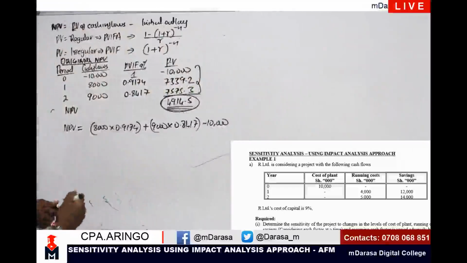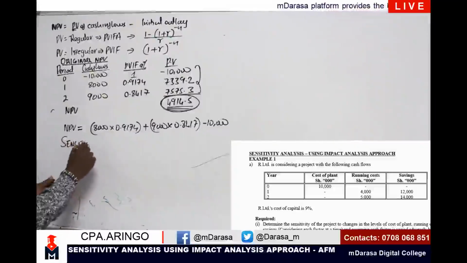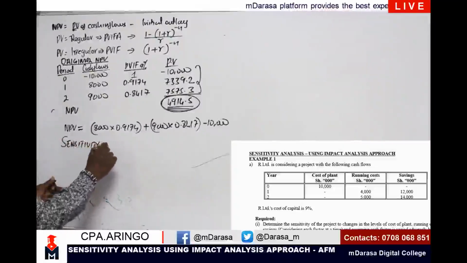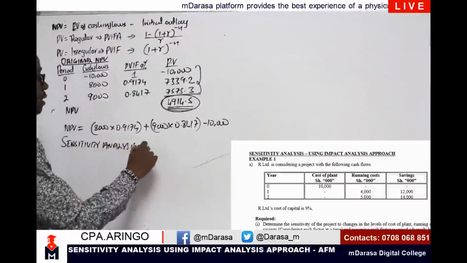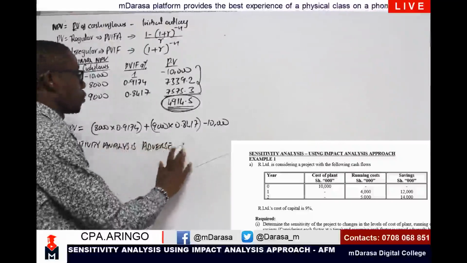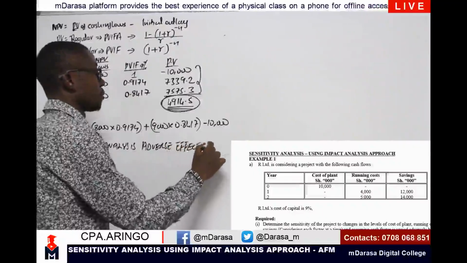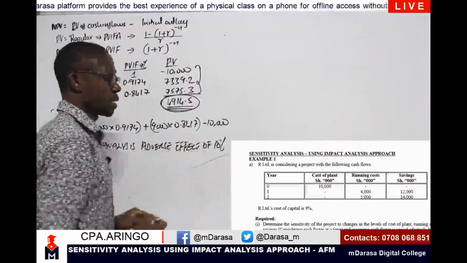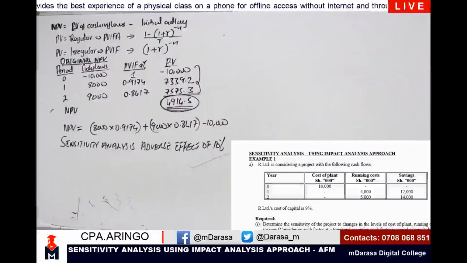We were told to work out sensitivity analysis with an adverse effect of 10%. That is what the examiner wanted us to do. So how will we go about it?